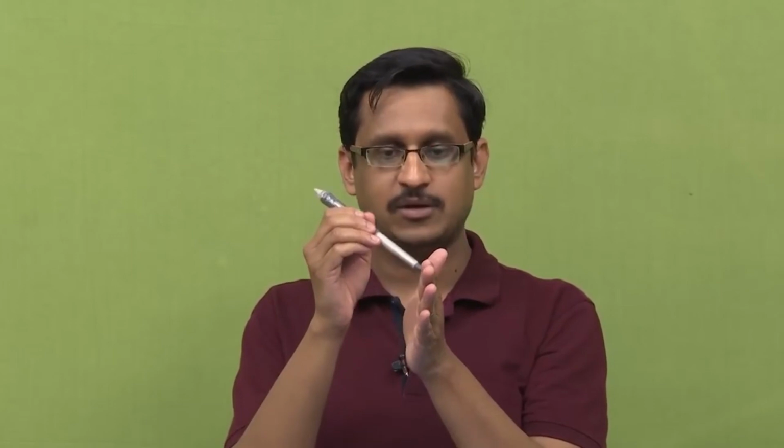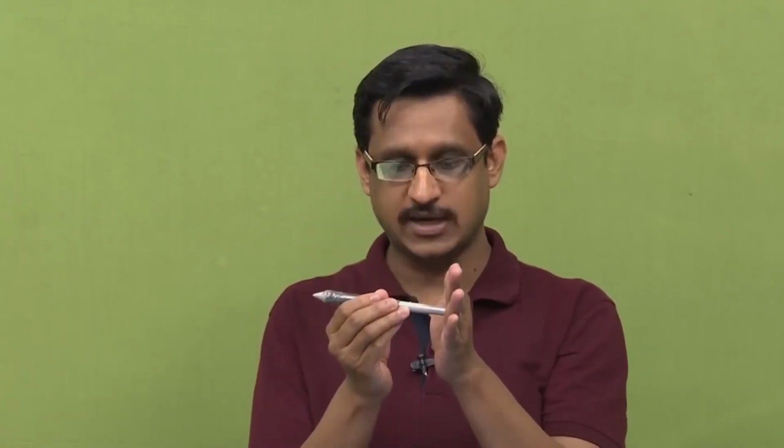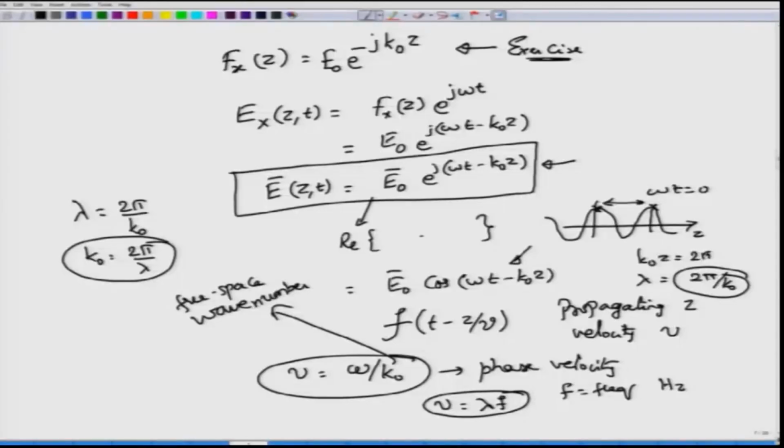When this wave propagates along the z axis, there are certain planes where the electric field has some amplitude in that cross plane. If I consider z equal to constant, then you can see from the equation cos omega t minus k0 z that the fields do not depend on the position x and y.